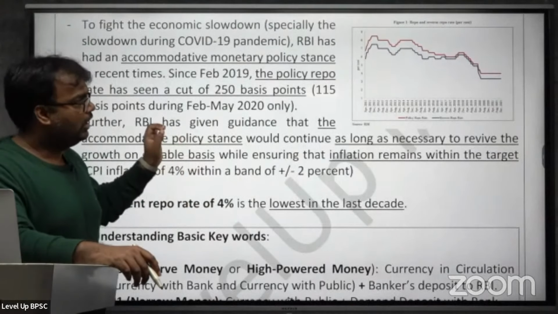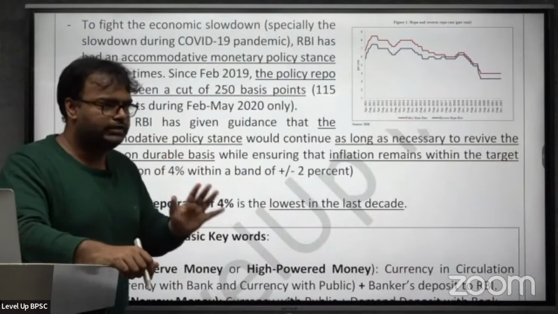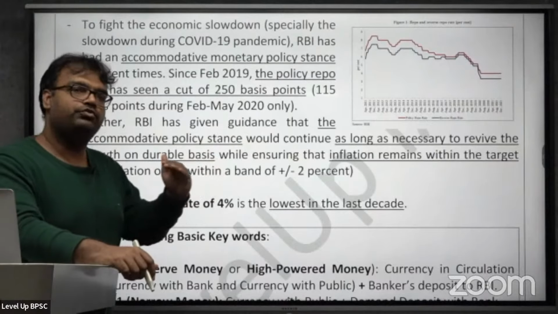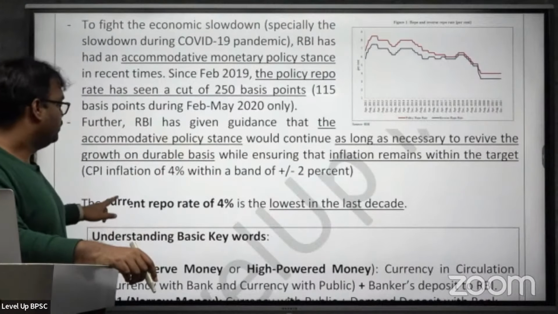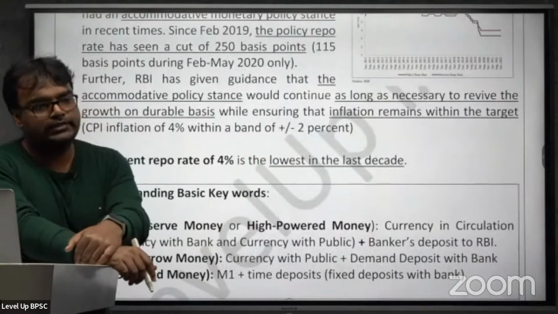So our monetary policy is accommodative, and RBI has given forward guidance that if inflation is not creating problems, we will continue with this accommodative stance. So the current repo rate is 4%, which is the lowest in the last decade.